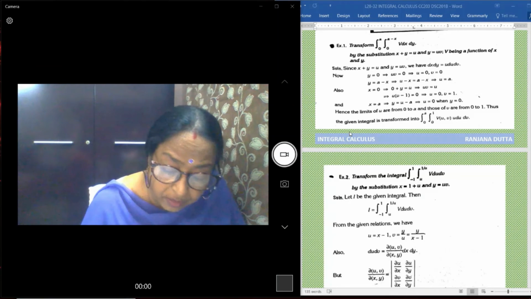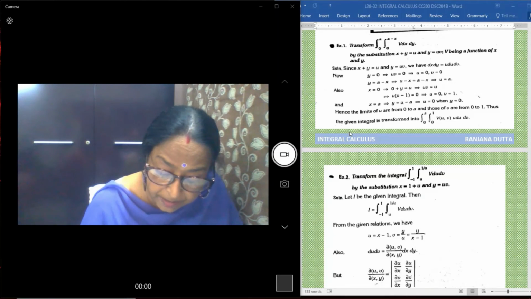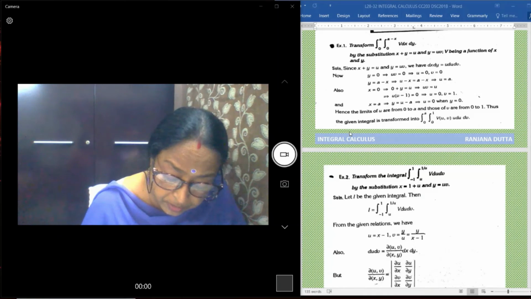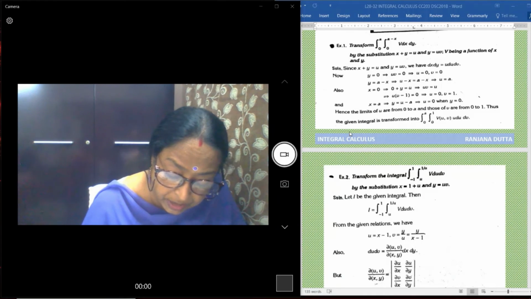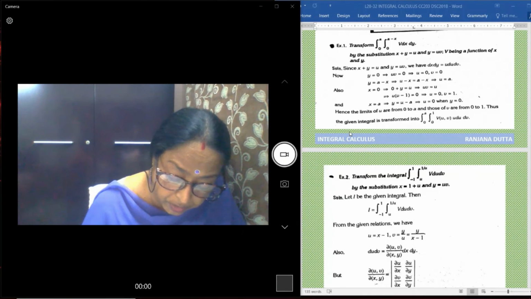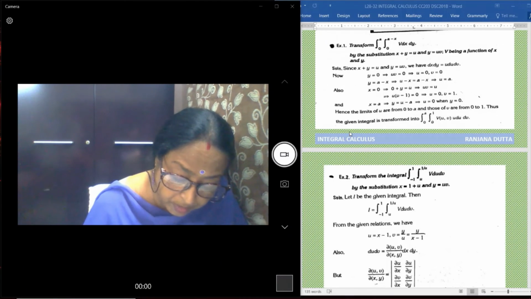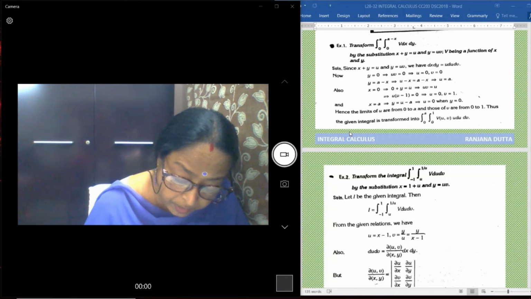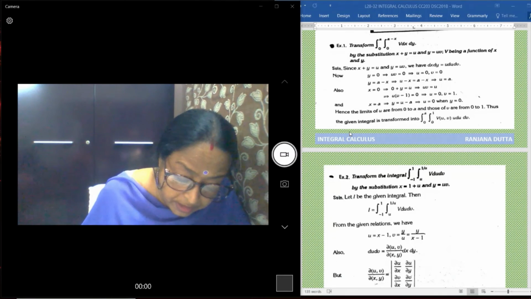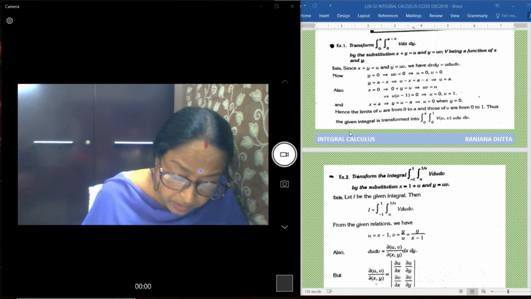Now for the limits of x: when x is equal to 0, 0 plus y is equal to u, so y is equal to uv is equal to u. From this we get either u is equal to 0 or v is equal to 1.